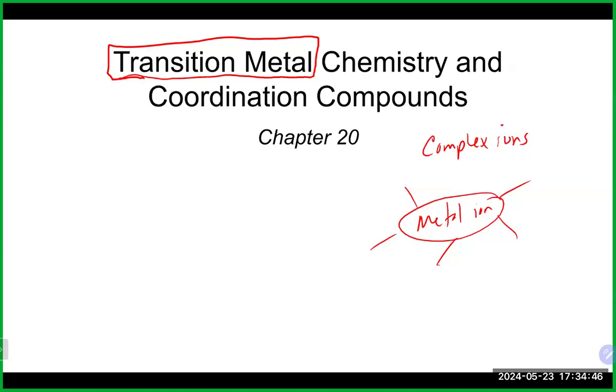And a lot of cases, our complex ions will have a transition metal in there. And so we're just going to review some of the things about transition metals. And again, most of it will probably be a little bit of review. And then we'll get into coordination compounds and complex ions and all that good stuff.